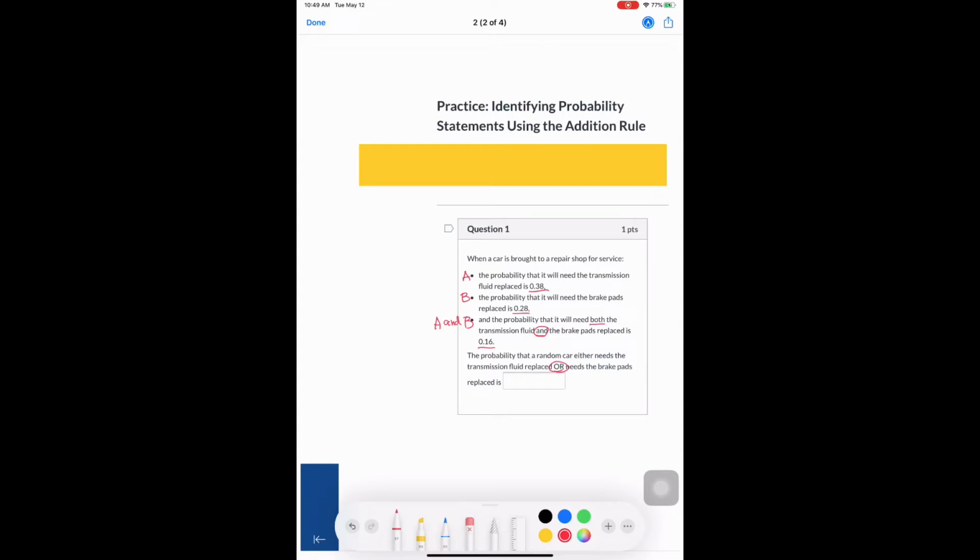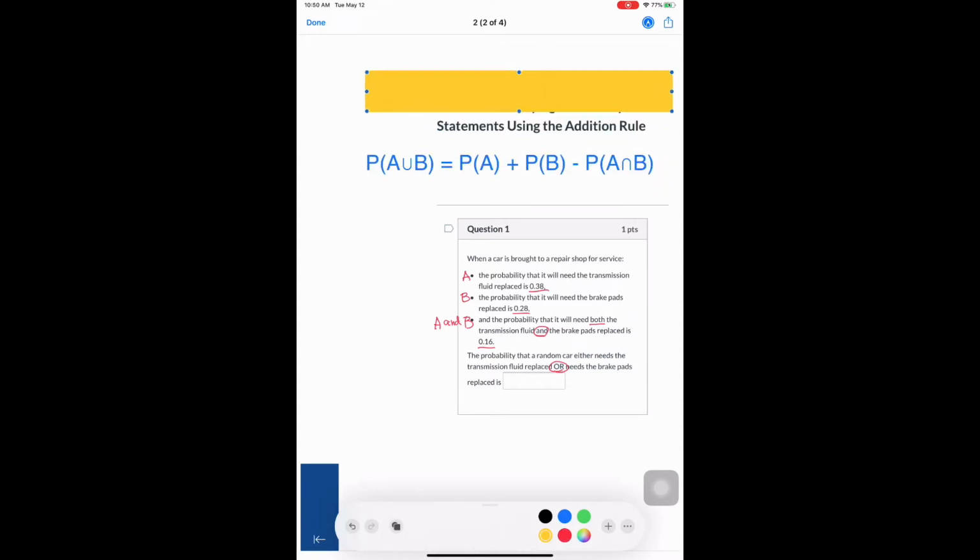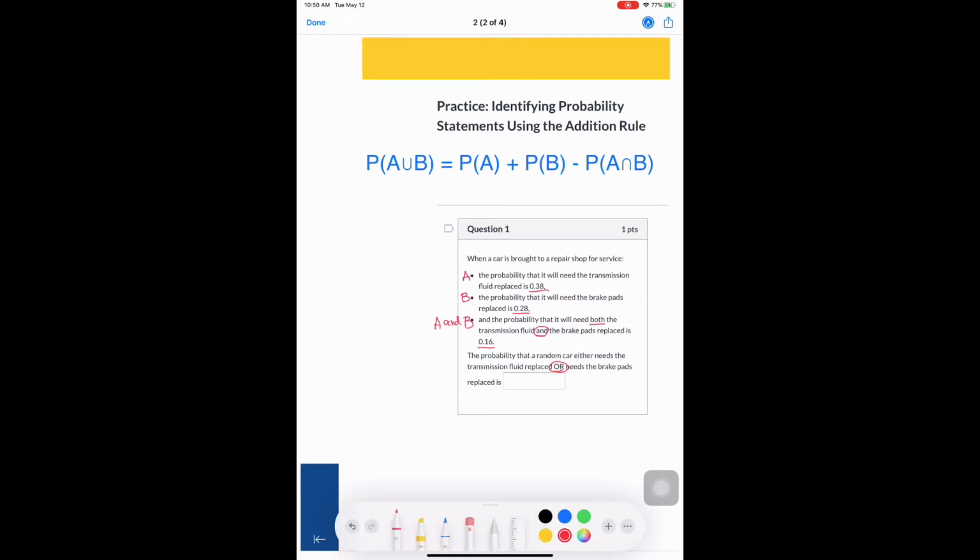So in this case, we can use the addition rule that says the probability of A or B is equal to the probability of A plus the probability of B minus the probability of A and B. Just plugging in those numbers that we have, 0.38 plus 0.28 minus 0.16. That will give us 0.50 or simply 0.5. So our answer is 0.5.